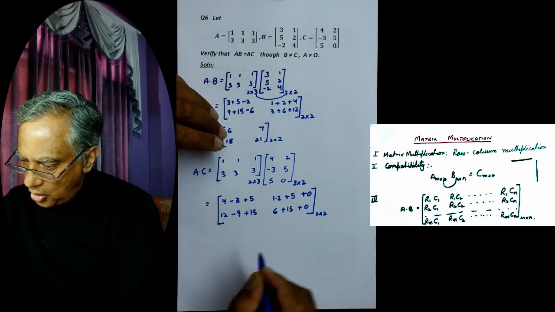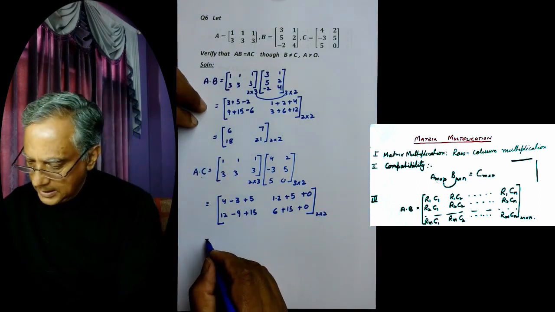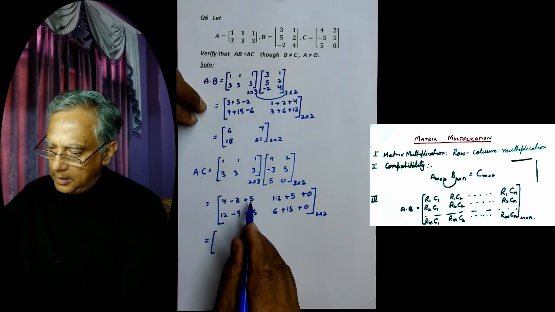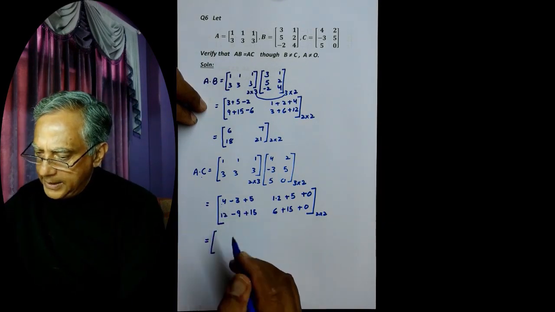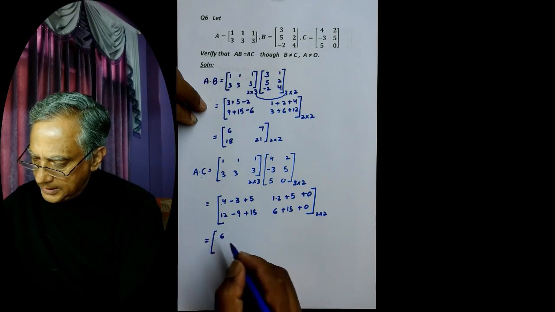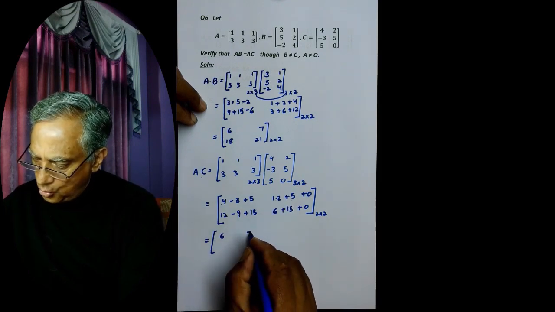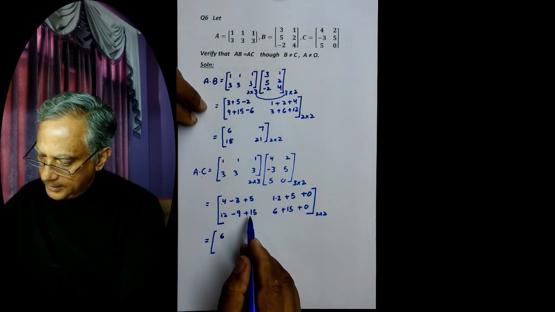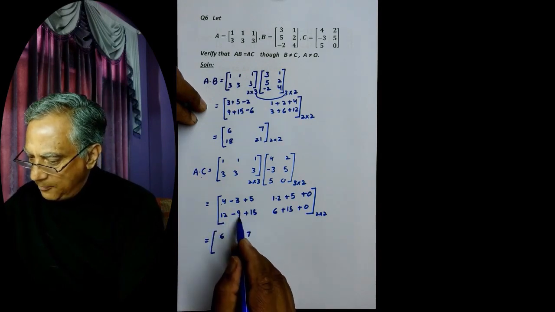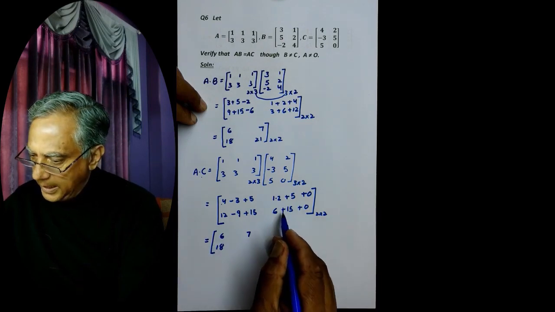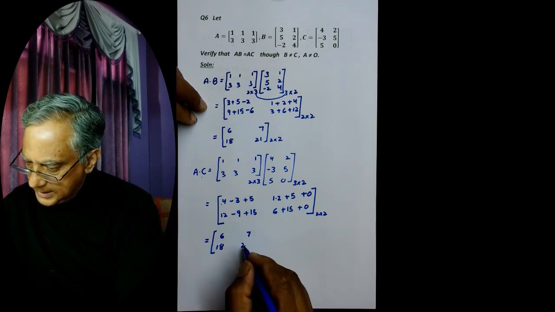This is a 2 cross 2 matrix. And this is equal to, now this can be simplified into 9 minus 3, that is 6. This is 5 plus 2, 7. This is 12 minus 9 is 3, 3 plus 15 is 18. And 15 plus 6 is 21.